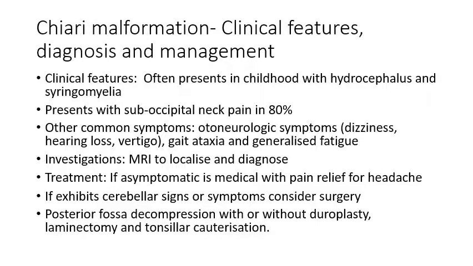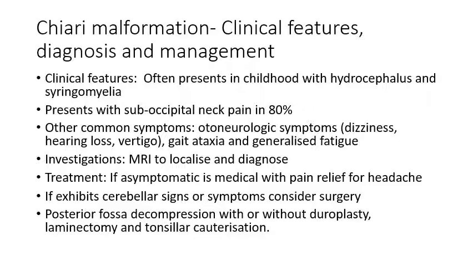With regards to clinical features, this condition often presents in childhood with the resulting hydrocephalus that we've described, and a condition called syringomyelia, which is essentially the development of a cystic cleft or syrinx in the central canal within the spinal cord. This could be filled with fluid or filled with other things.